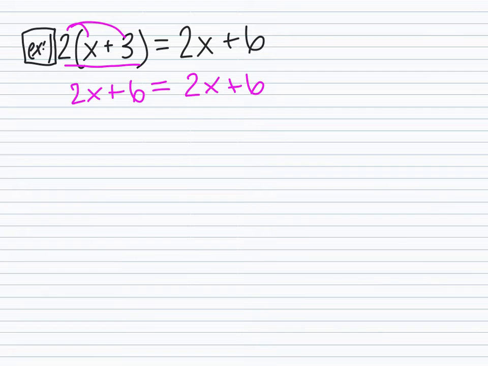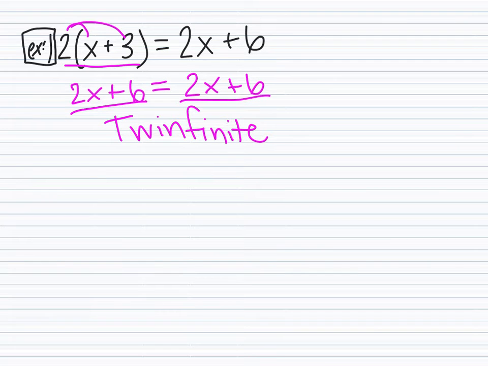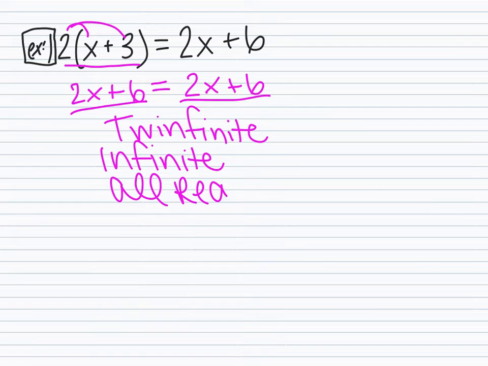Now looking at this, I can see both of these expressions are the same. They're matching, so they're twinfinite, which means that there is infinite solutions, or all real numbers would solve this equation.